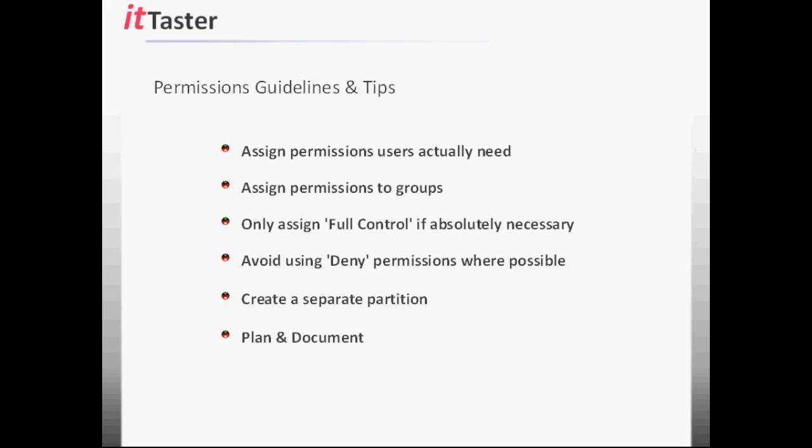This will make management and support much easier. And test your permission settings. Create a test account, assign it to the appropriate groups, and check what you can and cannot access. And remember, you can check a user's or group's effective permissions to determine the level of access to an object.